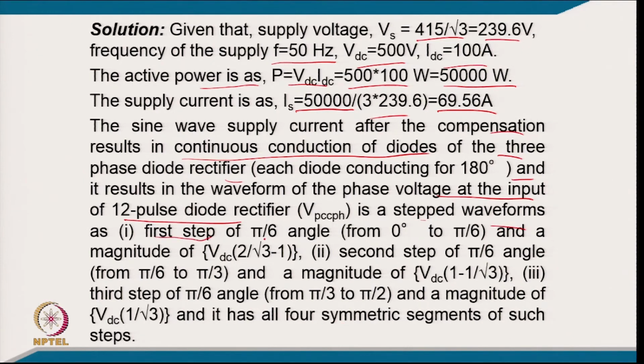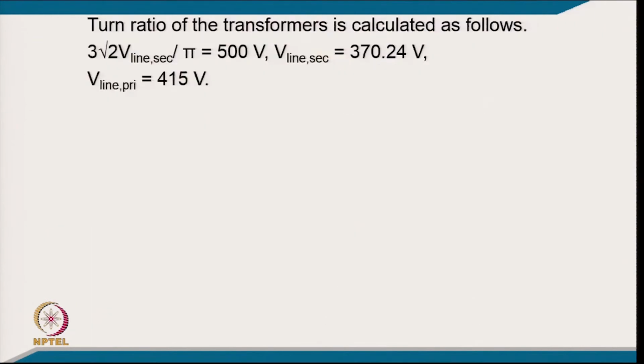The first step is of pi by 6 angle, from 0 to pi by 6, with a magnitude of VDC times (2 by 3 root 3 minus 1). The second step is of pi by 6 angle, from pi by 6 to pi by 3, with a magnitude of VDC times (1 minus 1 by root 3). The third step is of pi by 6 angle, from pi by 3 to pi by 2, with a magnitude of VDC by 3. It has 4 symmetric segments of such nature; it is only for 90 degree, the remaining 90 is a replica, and 180 is a further replica.